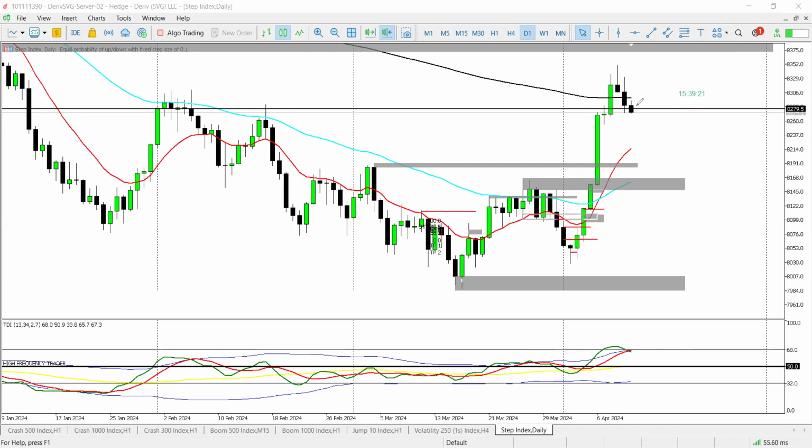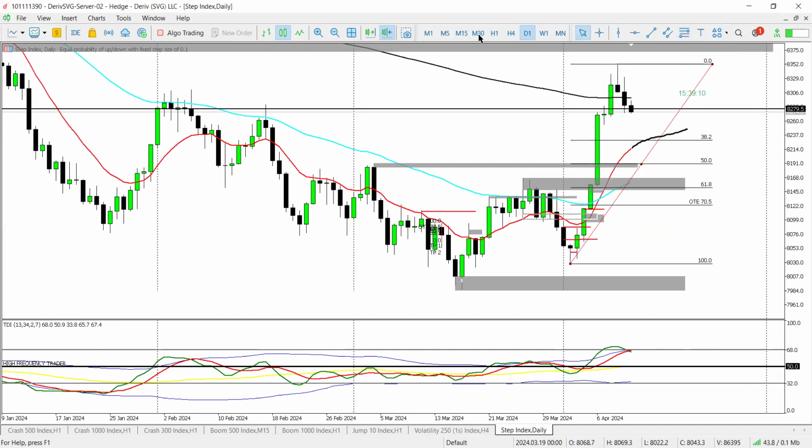We might potentially retrace to the 13 EMA. We might potentially retrace to, so you run a fib, since this is an uptrend, we run a fib to the top side. So if we retrace, we might retrace to the 38.2, which is also in line with the 13 EMA. So for those who are selling, this is a target if you are selling.